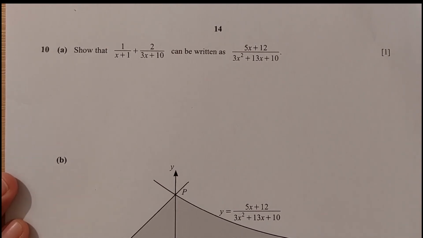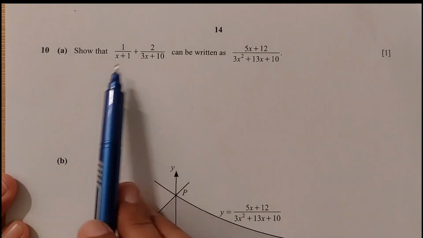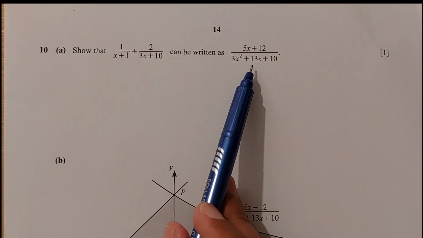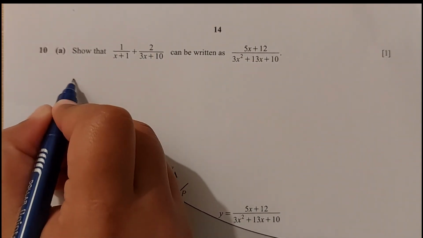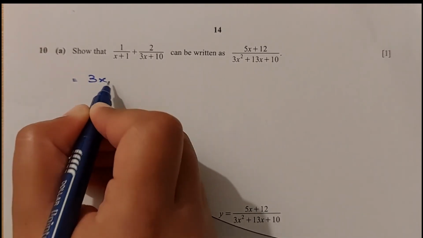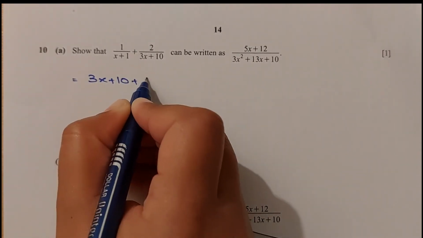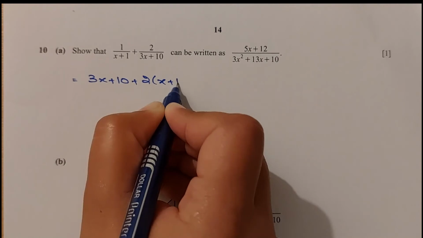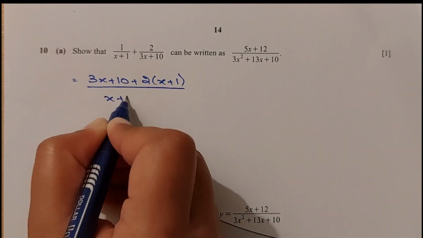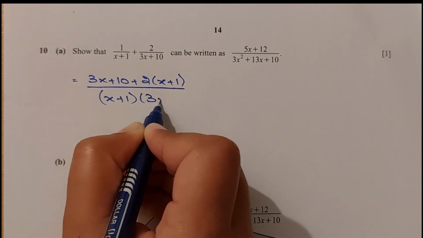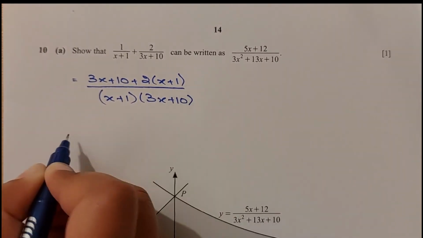Question number 10 in a part, show that the sum of this fraction can be written as this. Okay, so we need to do a cross multiplication and the LCM. So 3x plus 10 plus 2 times x plus 1, and then divide with x plus 1 into 3x plus 10, right?